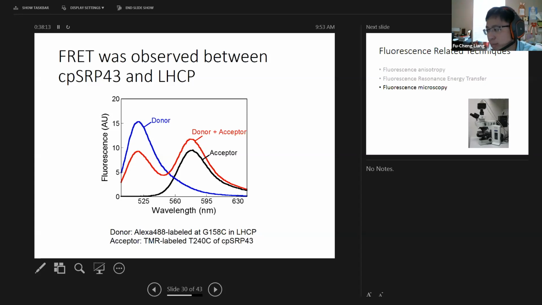And of course, this is probably not a very proportional change. You may see this increase is very, very small, and this decrease is very, very huge, because the energy transfer may not be very efficient. This is an example to show that if two dyes are in close distance, they are able to undergo this energy transfer, and that's why you are able to see this kind of FRET.